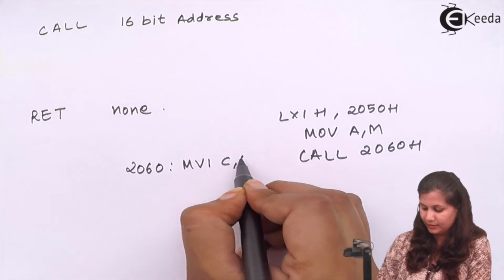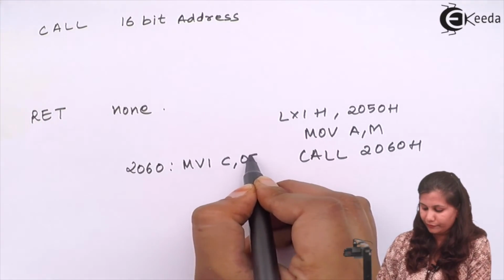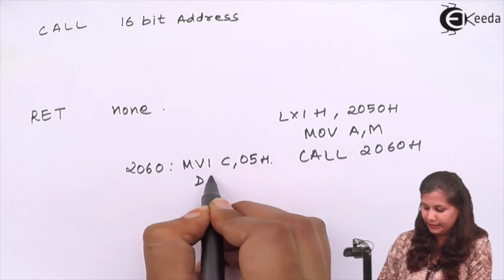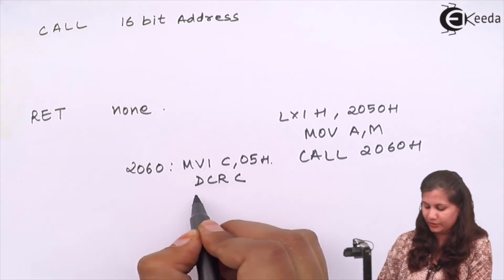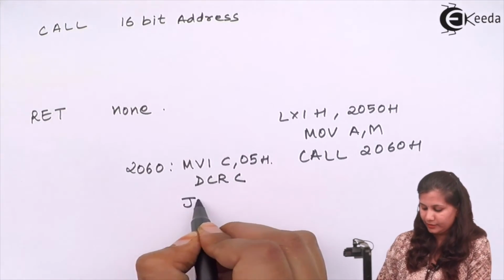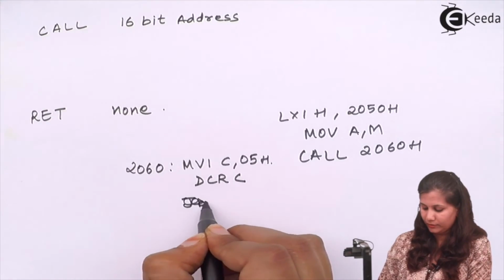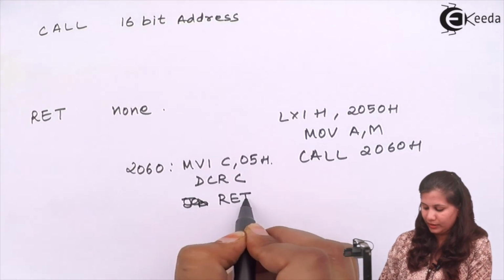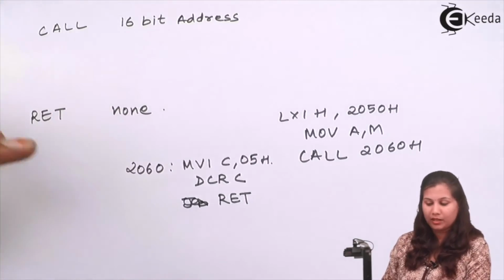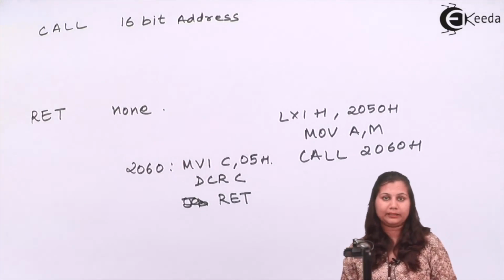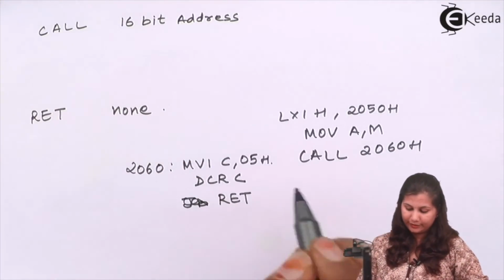And at memory location 2060 we have written certain instructions like MVI C, 05H, then decrement this C register, and then we have written here RET. This is for decrementing the C register.